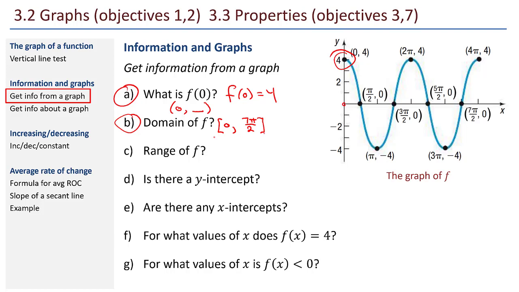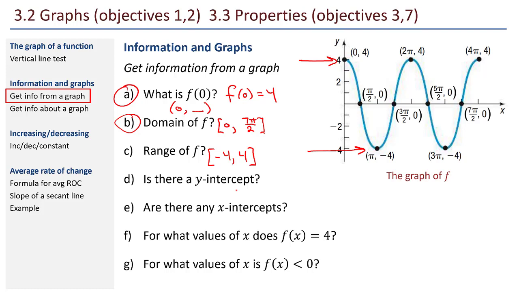And I use brackets on both sides because I do include the 0 on the left and I do include the 7 pi over 2 on the right. How about the range? So those are all the possible y values that I can get out. Let's see, the lowest y value looks like it comes down at -4, and the highest possible y value at +4. So how about -4 to +4?